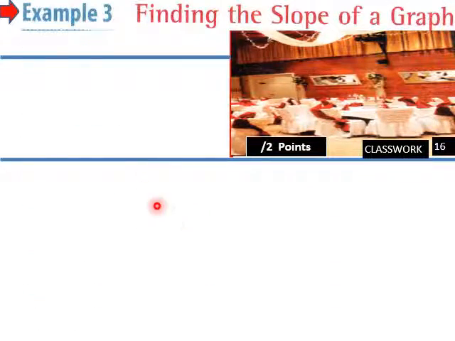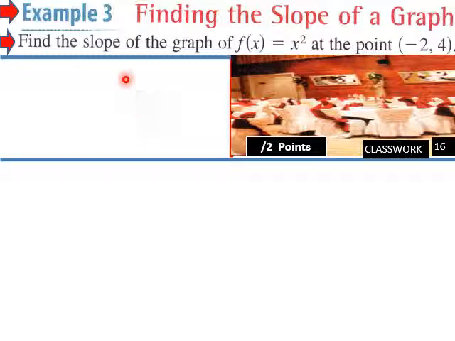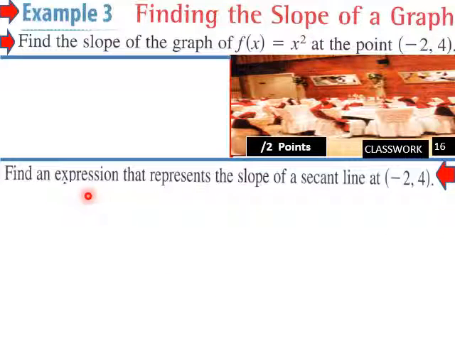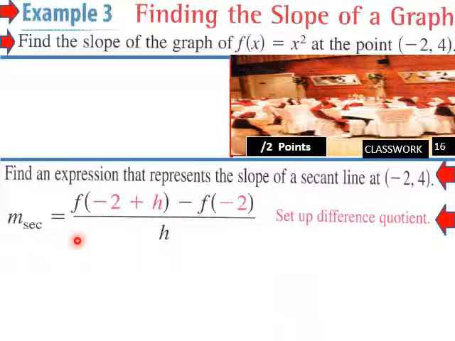So let's try one now. Finding the slope of a graph. Find the slope of the graph of f of x equals x squared at the point -2, 4. So find an expression that represents the slope of a secant line at -2, 4. Here we set up our difference quotient. We plug in our values. We know x is -2. So f of -2 plus h minus f of -2.